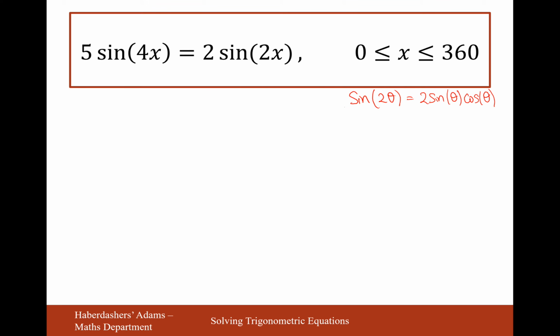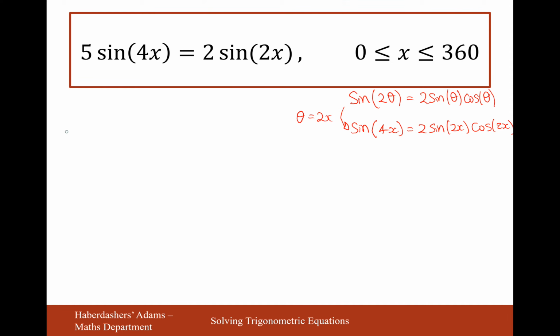But if I now replace from this line to the next line theta with 2x, then it's going to be sine of, well, 2 times 2x is 4x, which is equal to 2 sine theta, which is 2x, remember, so sine 2x cos 2x. Okay, so that's what the angle identity is for sine 4x. It's 2 sine 2x cos 2x.